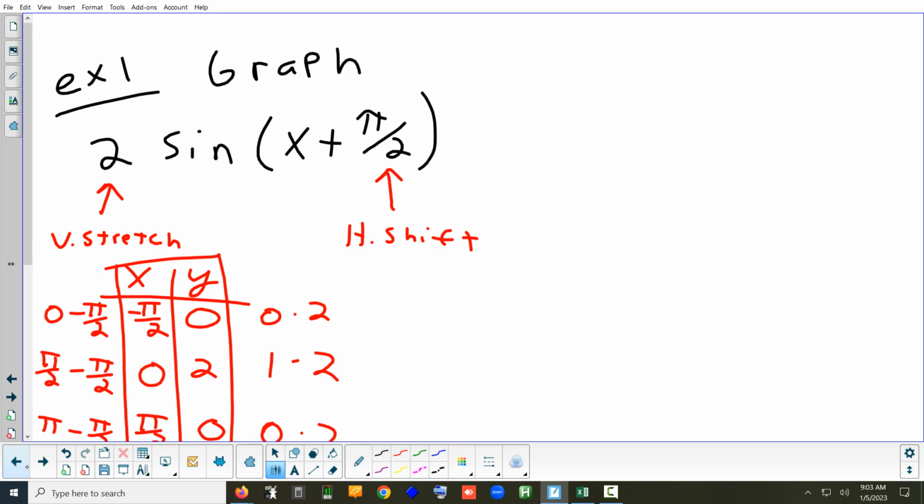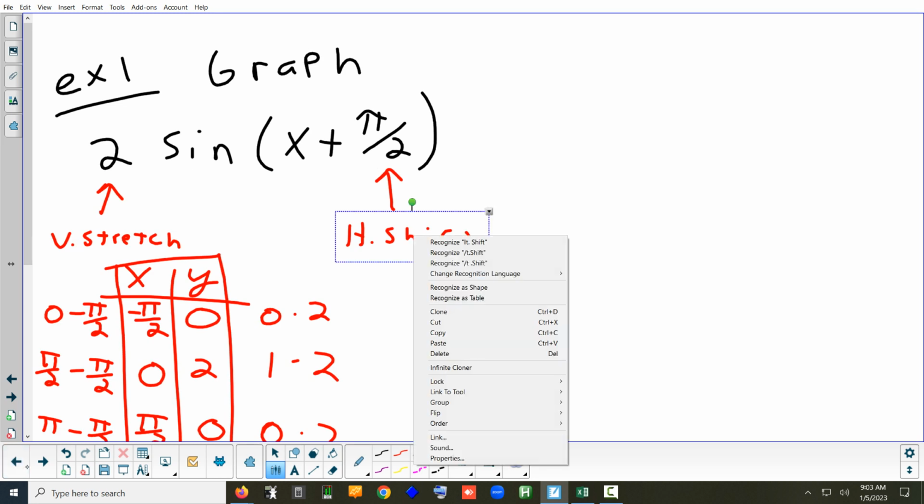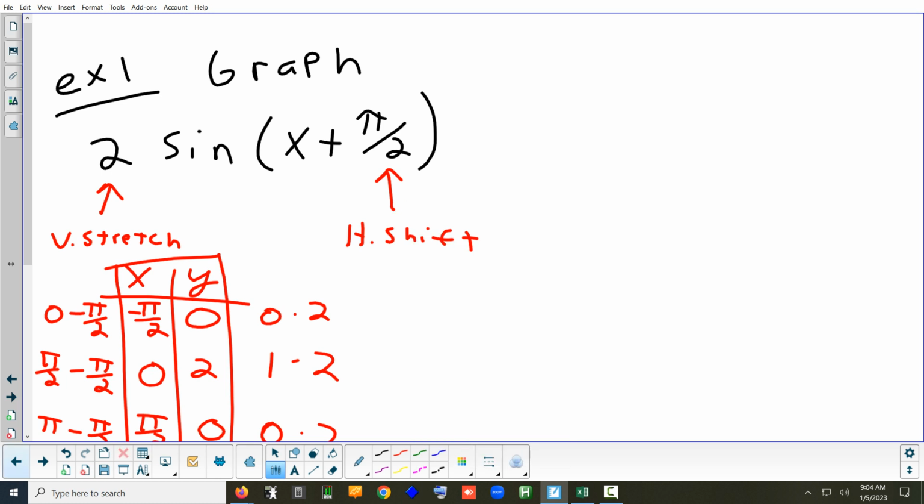If we go back and look at it, horizontal shift, what values did that affect? Yeah? That affected the x's. And the vertical stretch affected the y's.